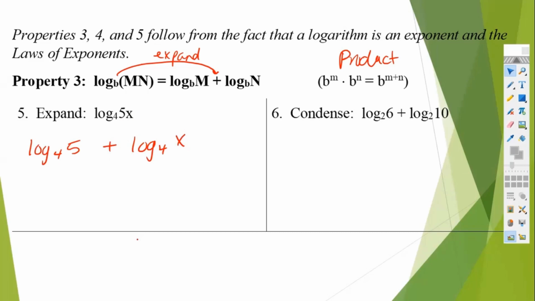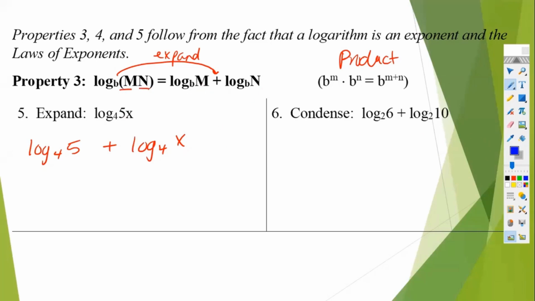Because I can take the multiplication and turn it into addition. All right, so now, why did one have 5 and the other one have x? Because it's 5 times x and we separated it, we expanded it to an addition problem. So you're taking one factor and the other factor, yeah, that is good.